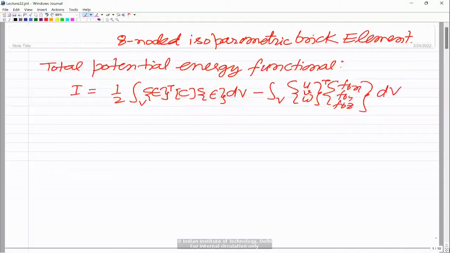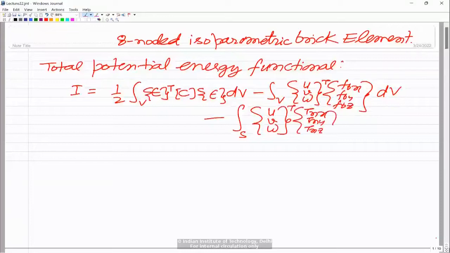And then we had the surface traction, so the integration over the surface, and again the potential of those surface tractions is u, v, w transpose and then t_nx, t_ny and t_nz, the force per unit area on a boundary surface having normal along direction n, dS. So this was the total potential energy functional we had written in the last class, consisting of strain energy, the potential of body forces and the potential of tractions acting on the bounding surfaces.